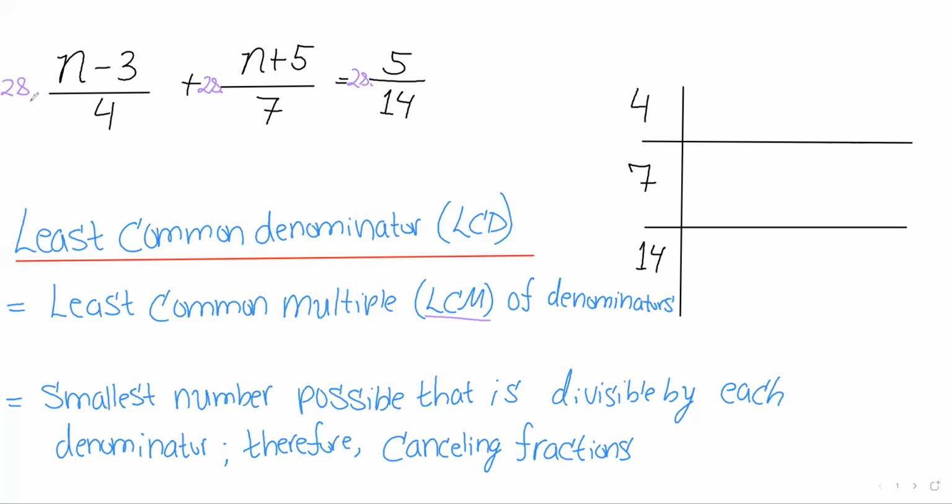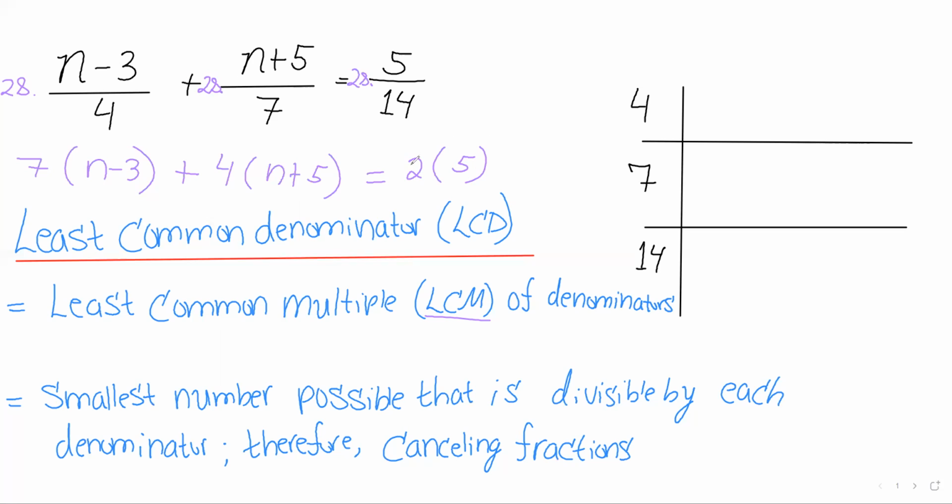So, for example, 28 over 4 gives me 7. So I could write this as 7 times n minus 3. 28 is divisible by 7 to give me 4. So I can write this as 4 times n plus 5. And finally, I can cancel my last fraction because 28 divided by 14 gives me 2. And then I multiply that by 5.